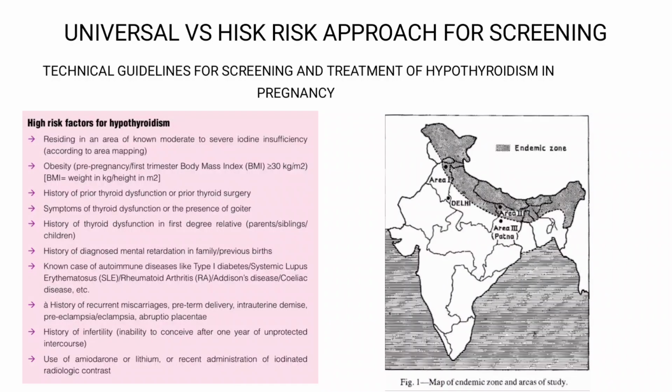Let's revise it again. If the patient belongs to a hypothyroid endemic zone. Second is an obese patient.